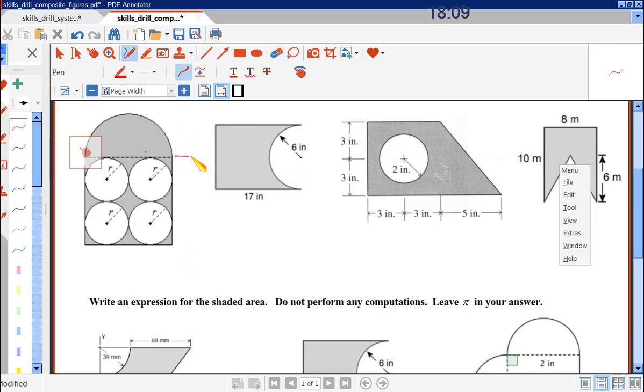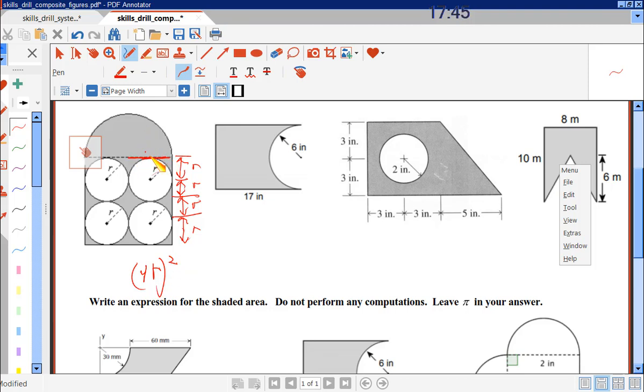And that's why you want to be careful when you're doing this, because that's going to be R, that's going to be R, that's going to be R, and that's going to be R. So you really get 4R for the length of the side of the square, so that means you would have 4R squared as its area.